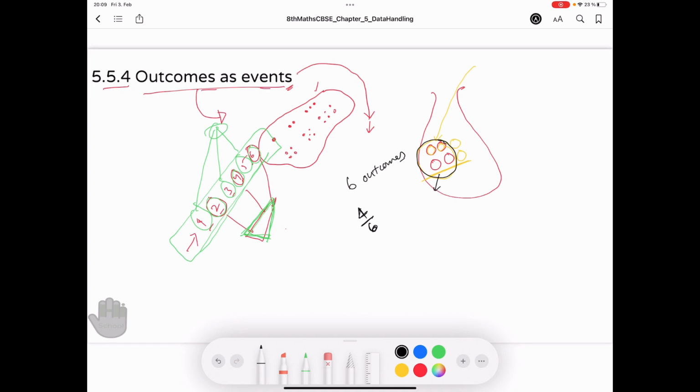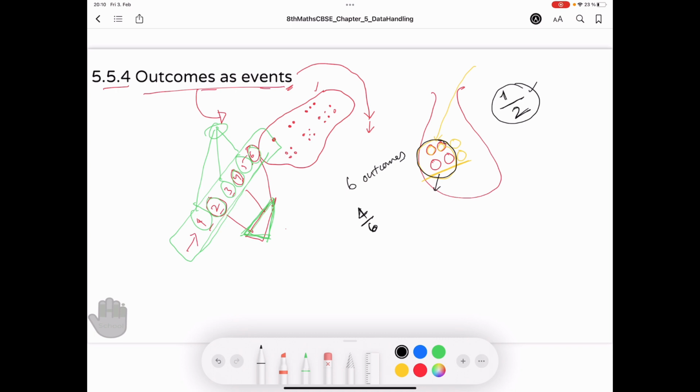Like in the case of a coin, with head and tail, there are 2 possible outcomes, and the probability of getting a head is 1 divided by 2. How many heads were there? 1 head. How many tails? 1 tail. So 1 head divided by total head and tail, 1 by 2, was the probability of getting a head when tossing a coin.